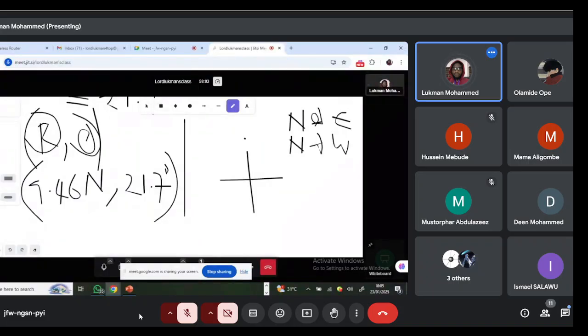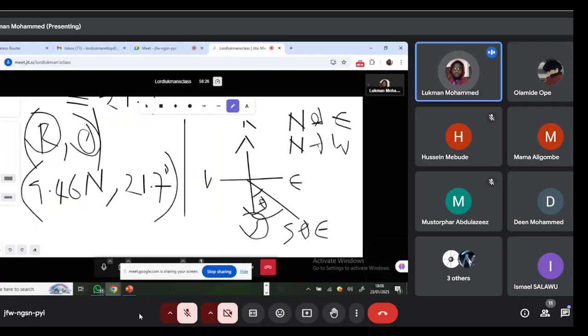This is north, this is south, east, and west. So if the final stuff is here, and this is the theta here, this angle is going to be south theta degrees to the direction of the east. It's going to be south theta degrees east. If the angle was here, and theta is right here, we don't start from east, we say theta degrees north.